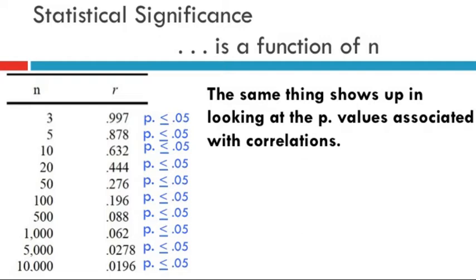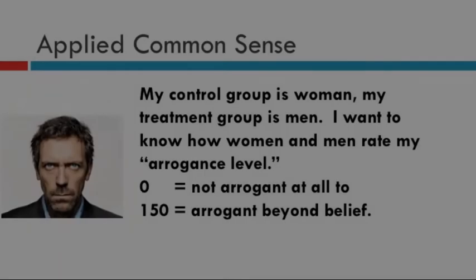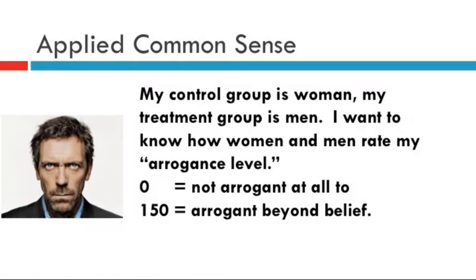So any sort of differences are going to show up as statistically significant. In research methods and statistics, what we have too little of is applied common sense. This is coming from a guy that didn't necessarily have the highest math scores, so I have to figure out a way to make sense of things in a concrete way. Otherwise, I can't make sense of anything.